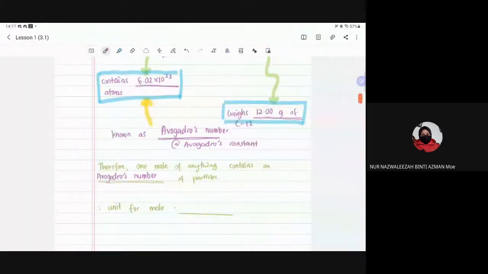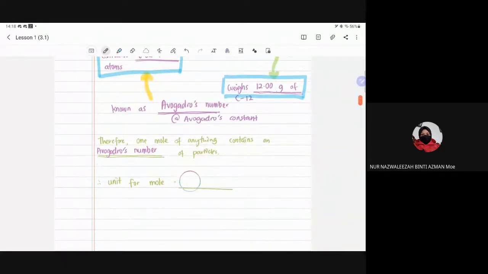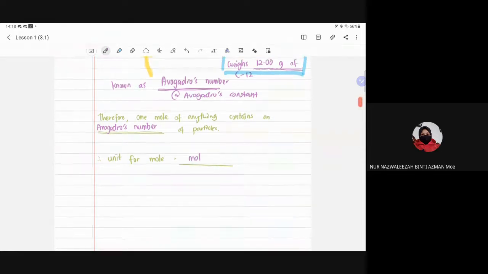So kalau saya cakap saya ada 1 mole, if I say I have 1 mole of oxygen, then I would say that the 1 mole of oxygen contains 6.02 times 10 to the power of 23 atoms if it was oxygen atom. If it was molecule, then it contains 6.02 times 10 to the power of 23 molecules. Okay, and the unit for mole, MOLE, is mol.